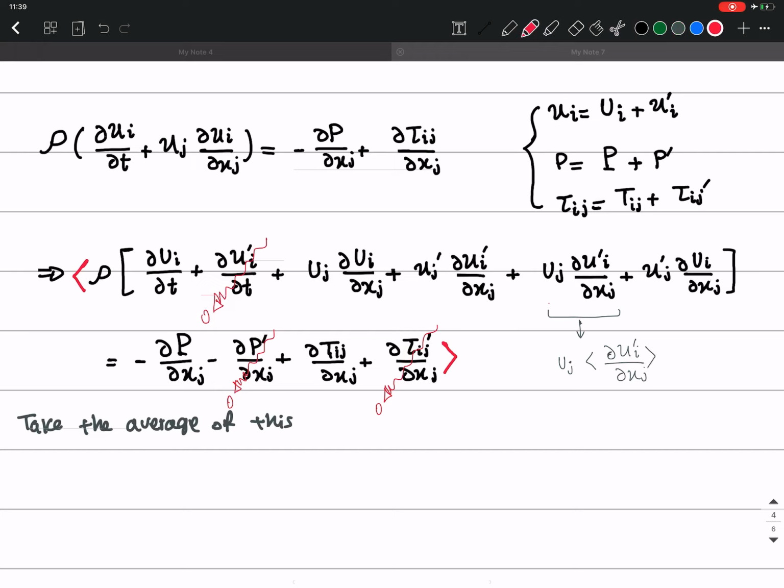And this we know is 0. So this term is also 0, and similarly for this term, the average is going to be the average of u prime j. We can take this out of the average because this is an average already, and we know that the average of this term is going to be 0. So these two terms are also 0.